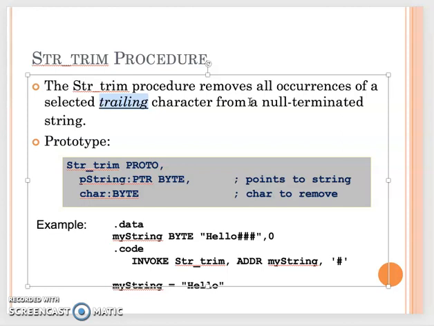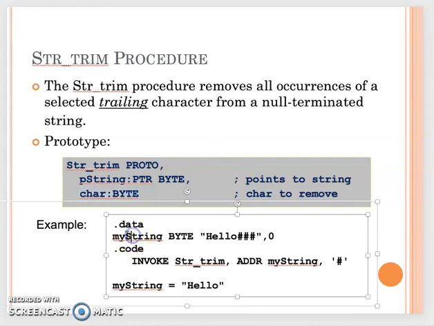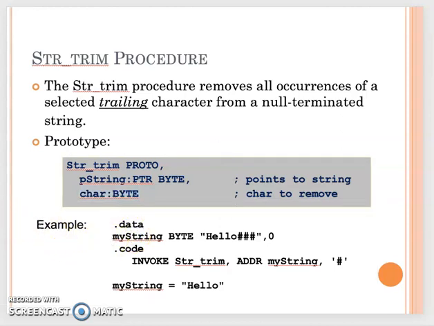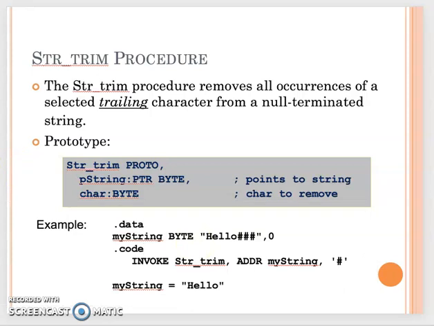That's why, when you're using the string trim procedure, in addition to passing your byte array, you also need to give it the character. That character needs to be removed, and only if it is at the end. For example, here I have my string: hello, and at the end we have 3 pound signs.